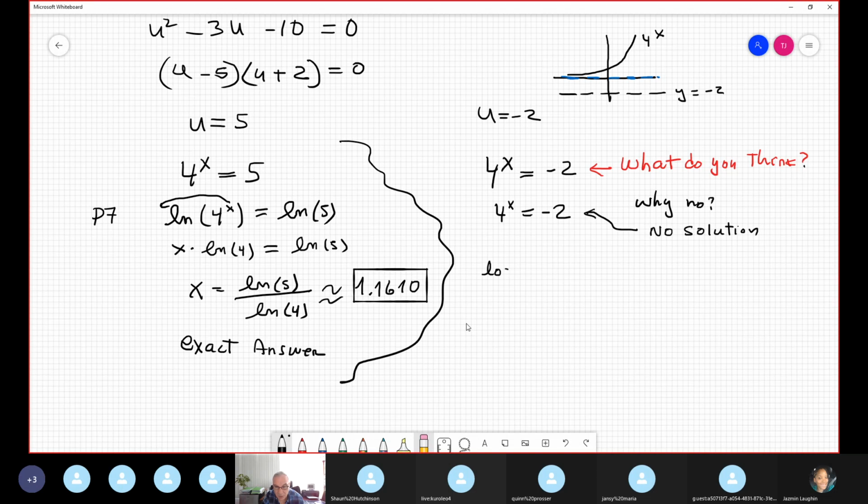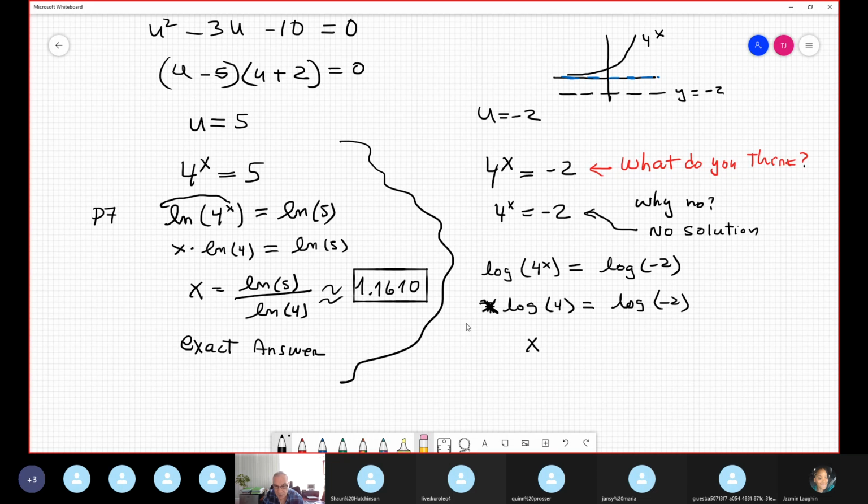What kind of log do you like? Okay. I'm using the property number 7 one more time. x logarithm of 4 equals logarithm of -2. Now x is this one here.